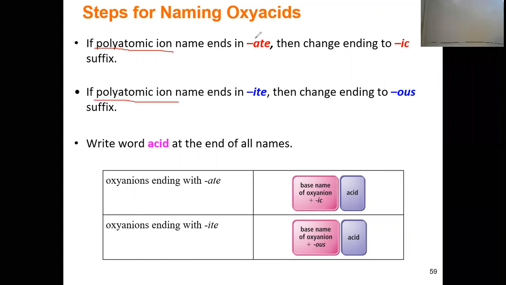If you have a polyatomic ion that has an ATE ending, you are going to simply remove the ATE ending and replace it with an IC ending and write the word acid afterwards. If you have a polyatomic ion that has an ITE ending, you are going to remove the ITE and replace it with an OUS. And that's how you're going to name oxy acids. We are going to look at examples of this though, so you can see it in action.